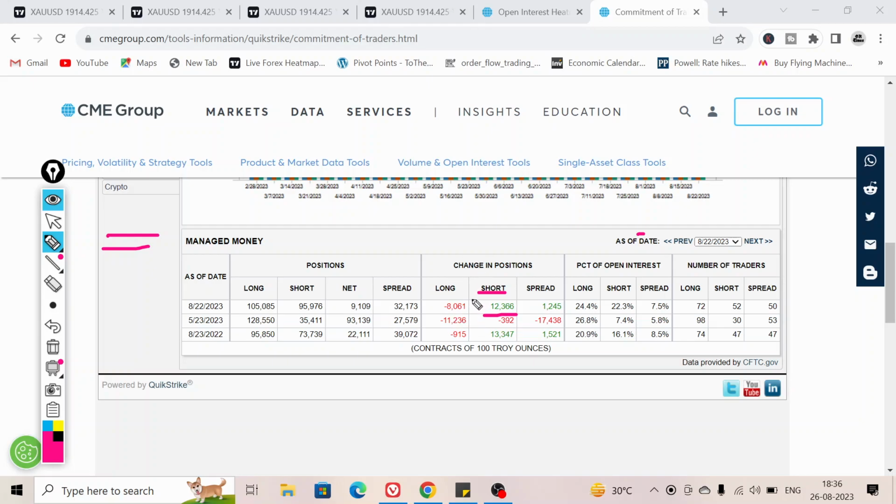If you remember my previous prediction videos and how you can read the COT report, you know that this is a bearish sign and not a good indication for bulls.